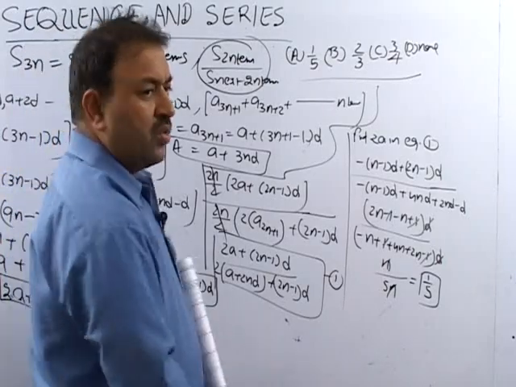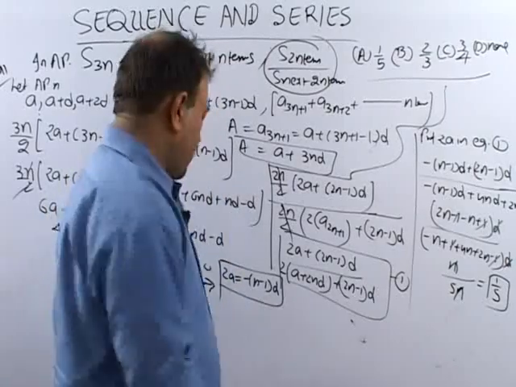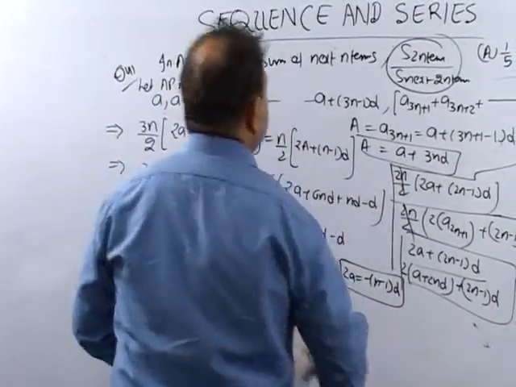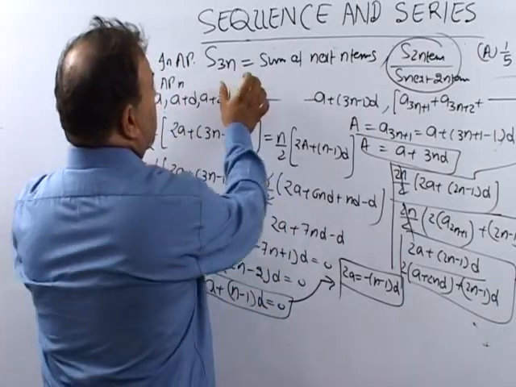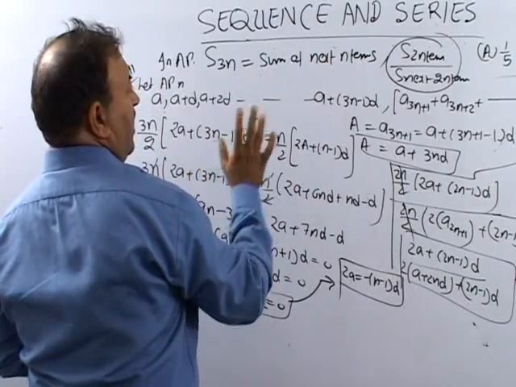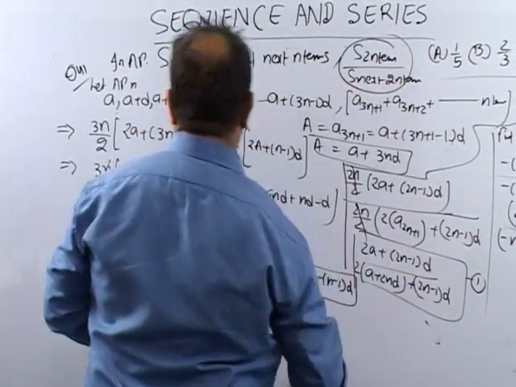Now again check it out, and this is the key point where normal students get stuck. See, we have been given the sum of 3n terms is equal to the sum of next n terms, and we have to find the sum of 2n terms upon the sum of next 2n terms.